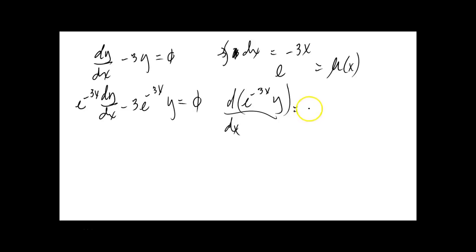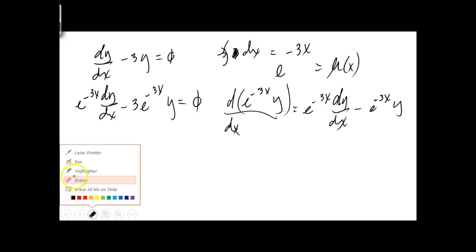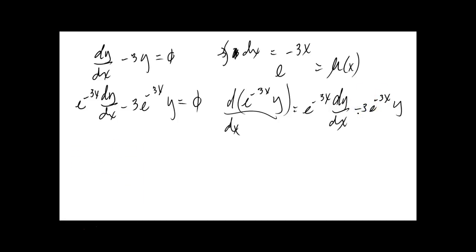You start with the first one, e to the minus 3x dy/dx, and then plus y times the derivative of this, which would be e to the minus 3x, chain rule, times a minus 3. So that puts a minus sign and the coefficient of 3 there. Yep, that's exactly what we've got here.